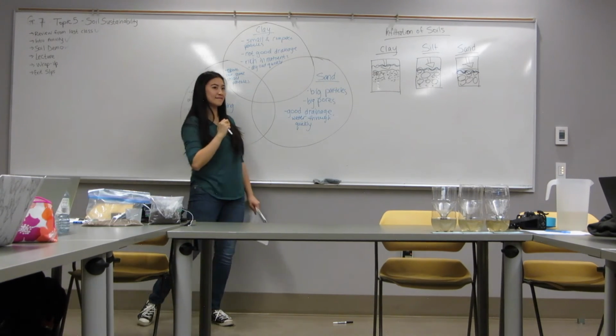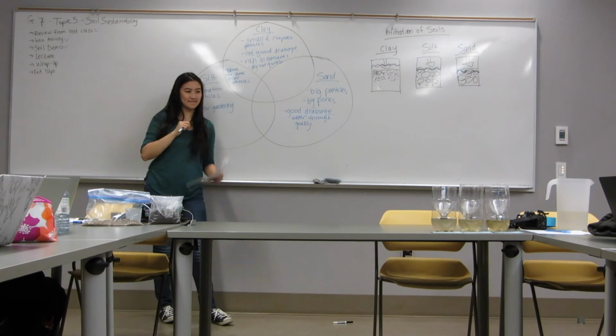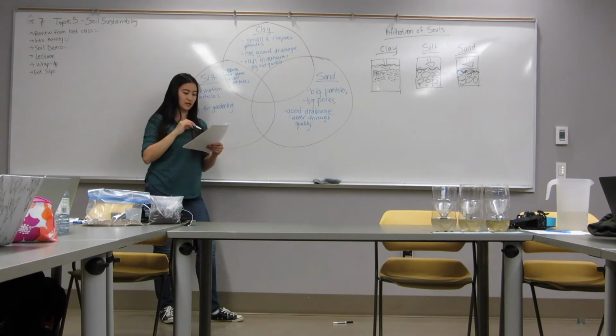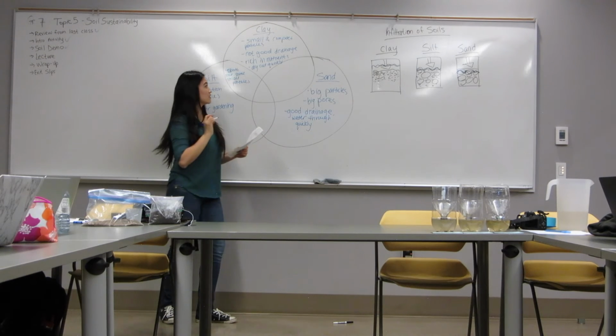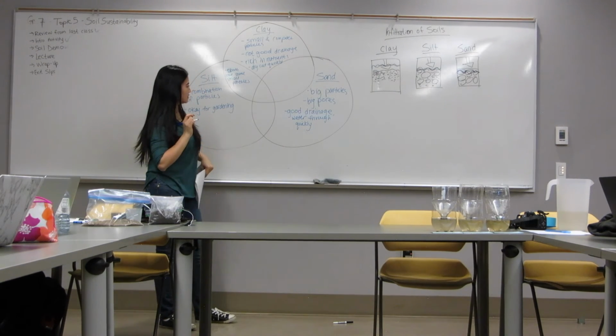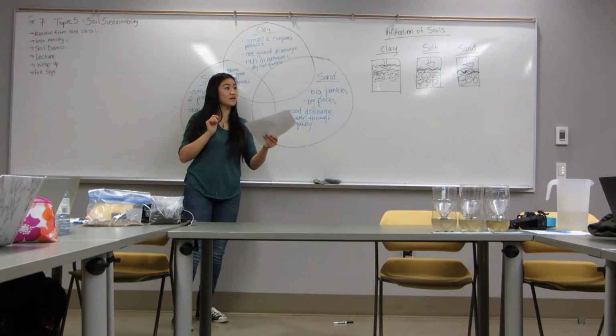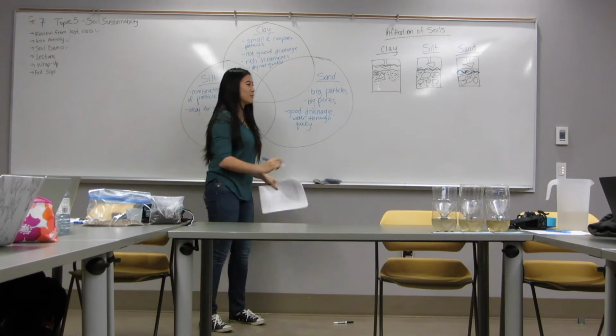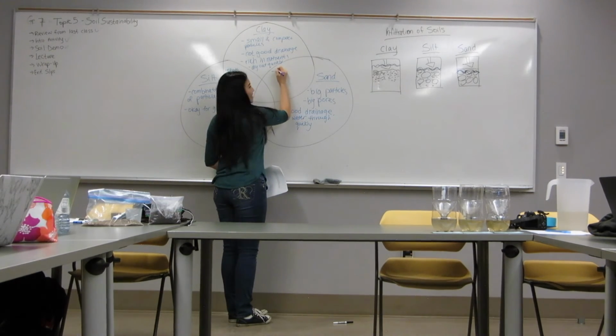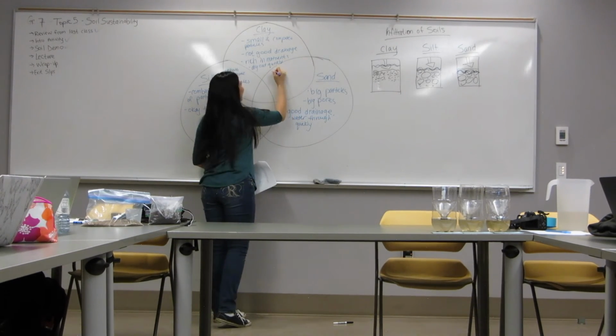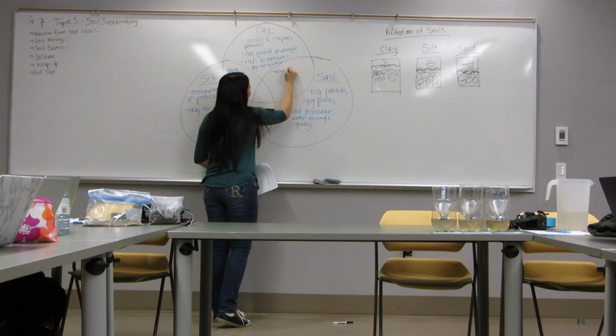Anyone? Sierra? They have good drainage? Oh, clay and sand? Yeah, clay and sand. They both dry out quickly? Yeah, they would dry out quickly. Thanks for helping, Alex. That's okay, Sierra.